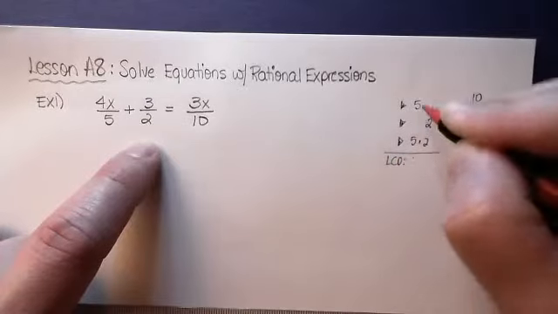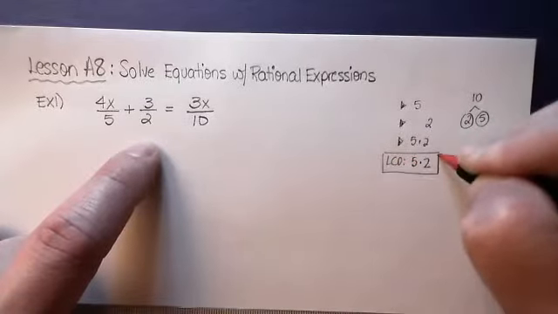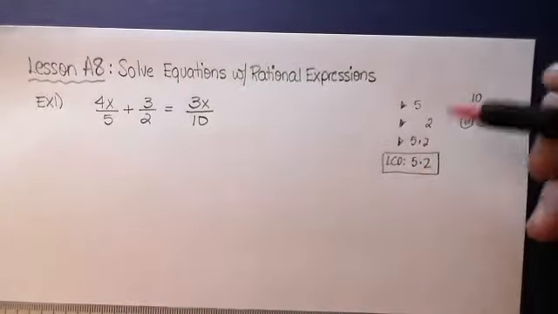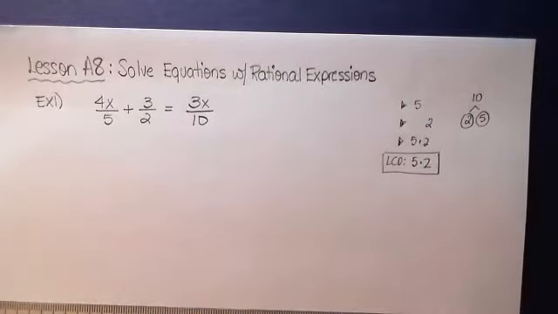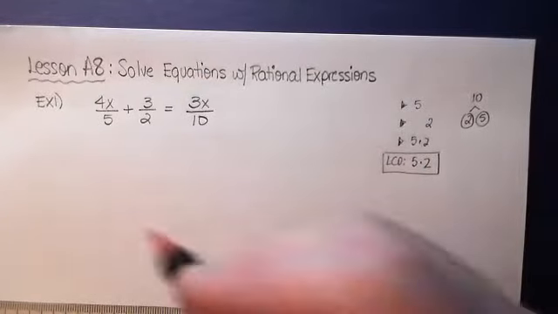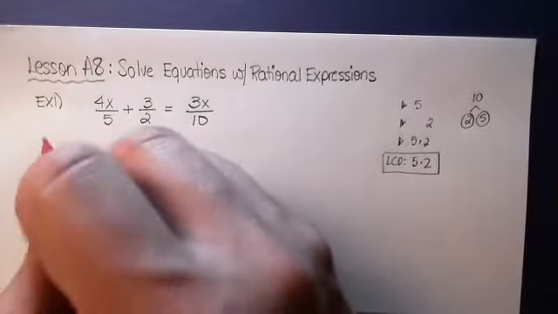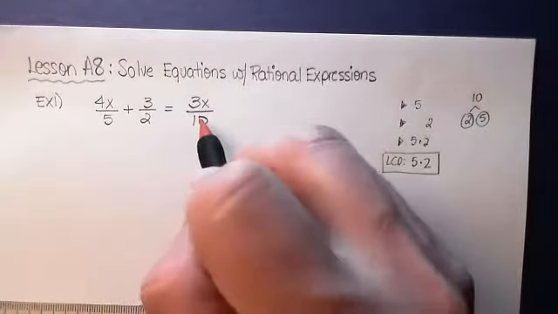There's a 5 and there's a 2. So you can also find the common denominator by using this process, because the denominator would be 5 times 2, or in other words 10. So my common denominator is 10, so I'm going to multiply each term of this equation by 10.